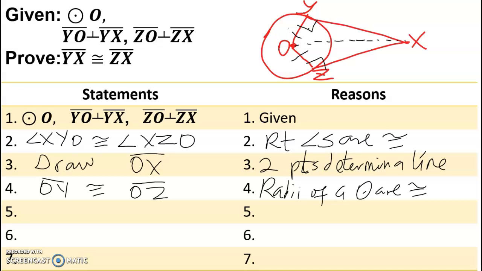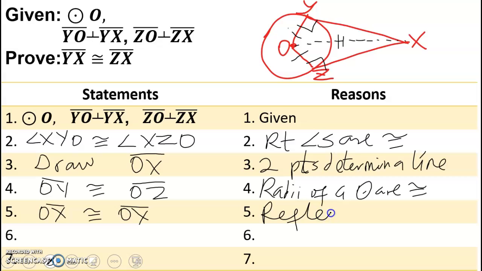What else do we know? Well, this is a right triangle. Each one of them is a right triangle because of the right angle. Therefore, this line OX is also reflexive to itself. So we can say OX is congruent to OX by reflexive property.